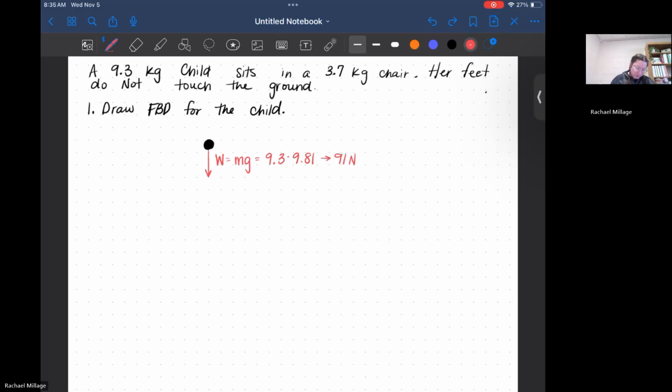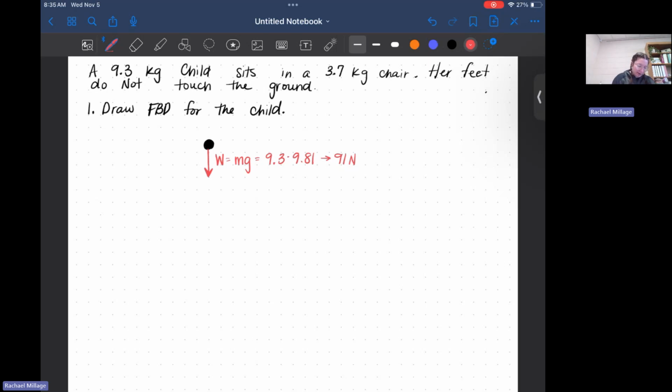So then we know she's not falling. And if we just had a downward force, we know that she would have to be accelerating at this force divided by her mass, but she's not falling. She's sitting on a chair. If she's sitting on a chair, she's not moving.